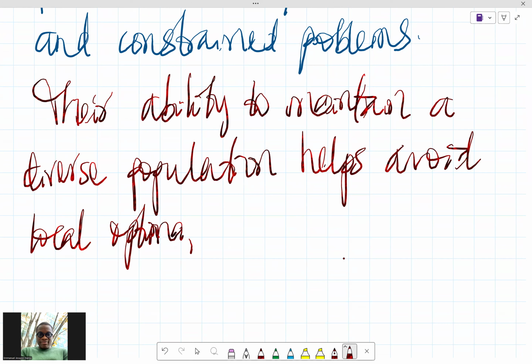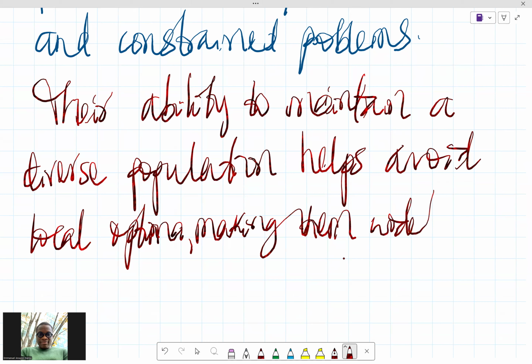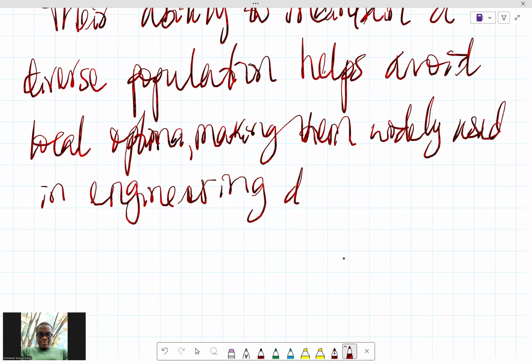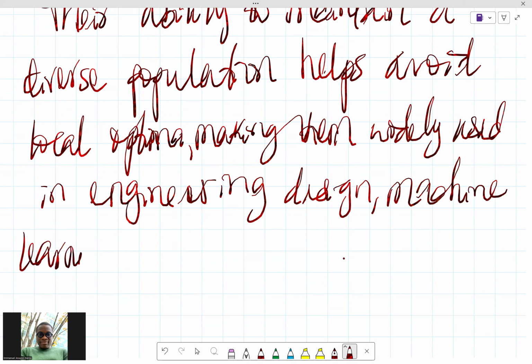These methods are really good to help with that. So the ability to maintain a diverse population helps avoid local optima, making them widely used in engineering design, machine learning, and financial optimization.